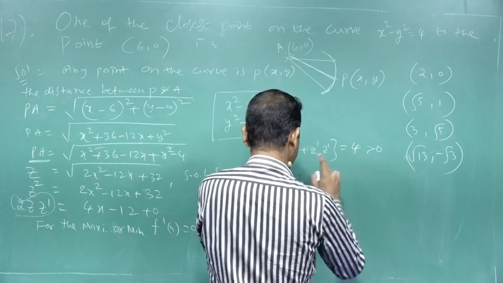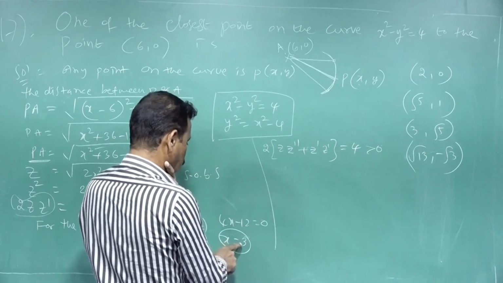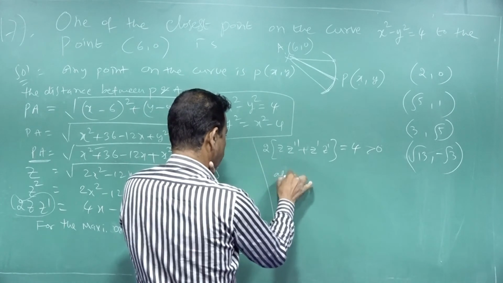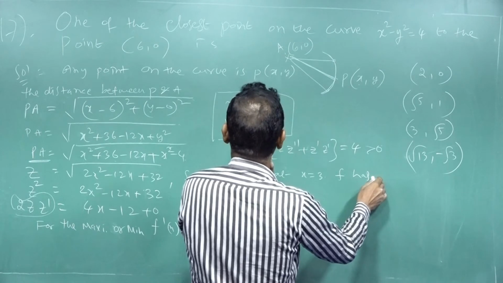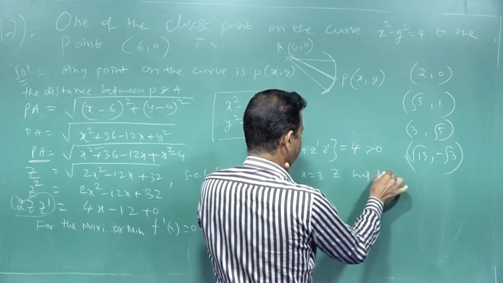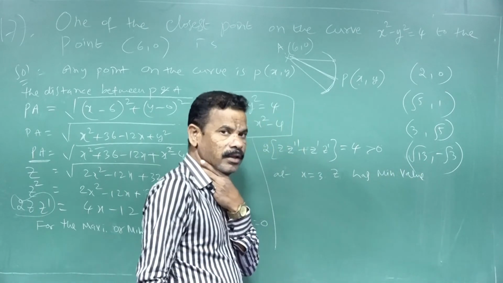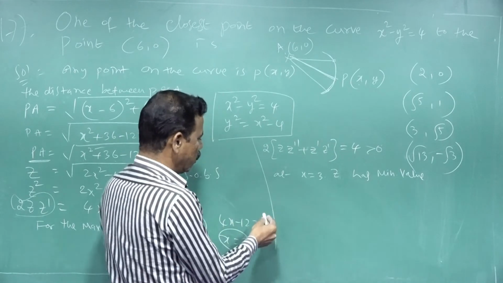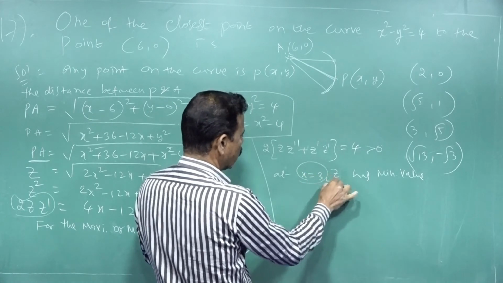There are no x terms here, that's why we are not able to substitute 3 in this. So automatically at x is equal to 3, z has a minimum value. Minimum value means the shortest distance, the very closest distance. That's why x is equal to 3 is the coordinate.